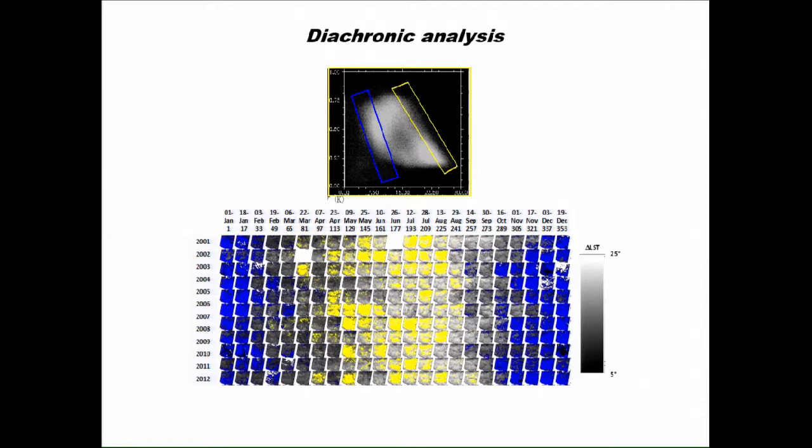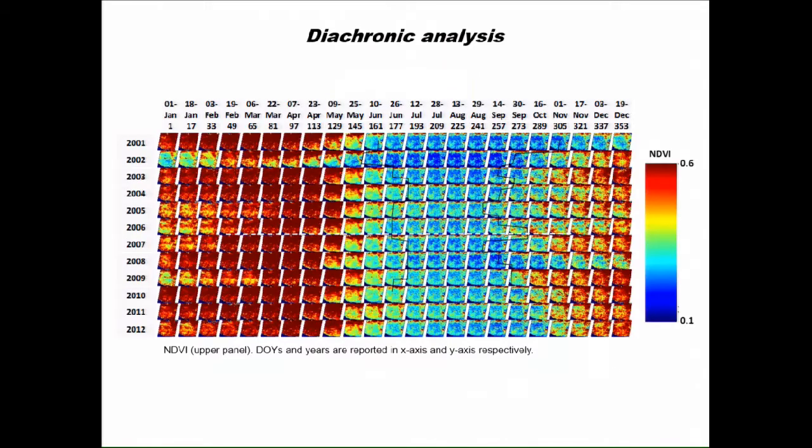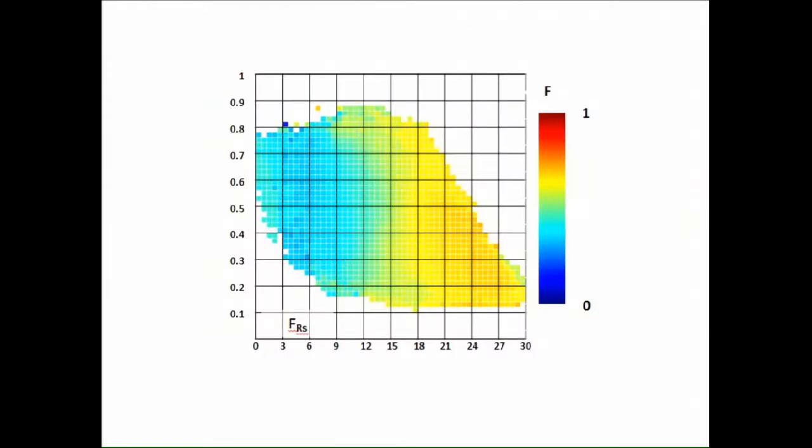And if we select these pixels, we see that in time they change, they occur in different months of the year depending on the year. Okay, and here we can see clearly the phenological behavior of the vegetation. So it is more complicated if we take into account the multi-temporality of the vegetation.